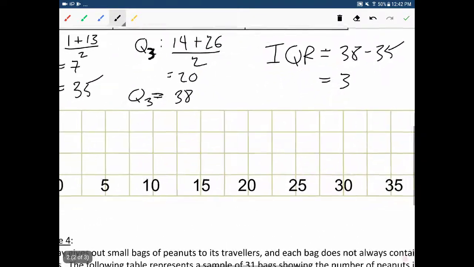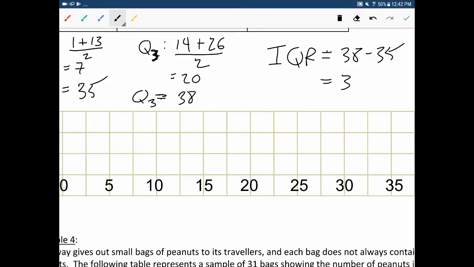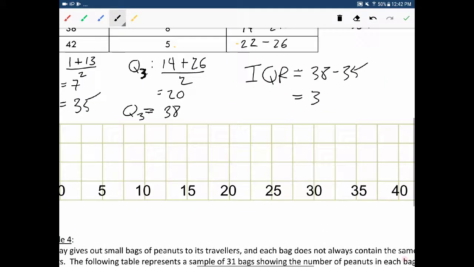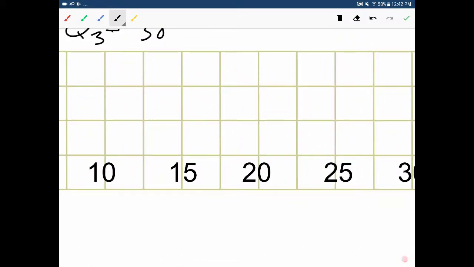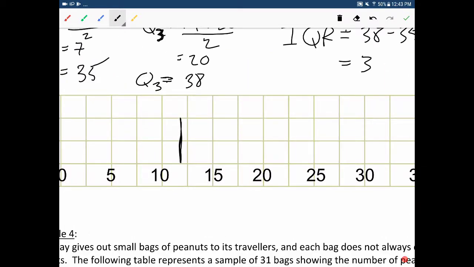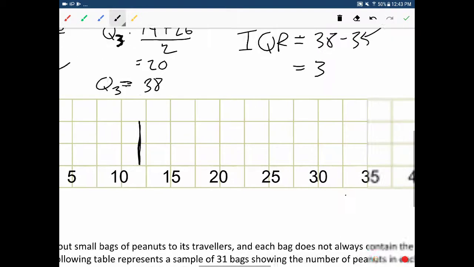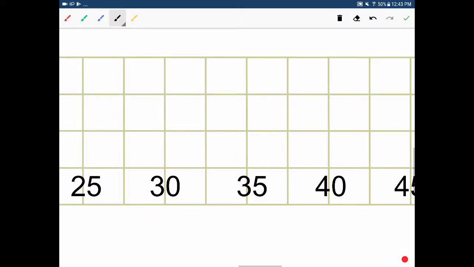So first we start with our smallest piece of data, which was 12. So 12 is going to be about here, give or take. And then we're going to move on to Q1, which was 35. Our median was 36.5, which is kind of like here-ish.